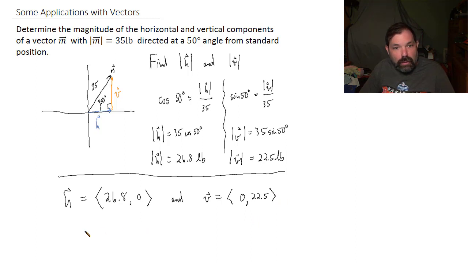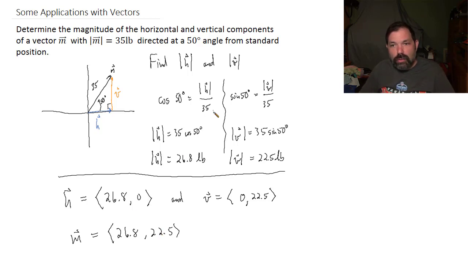So then the m vector, the vector with magnitude 35 pounds directed at a 50-degree angle, could be written as the standard vector ⟨26.8, 22.5⟩. Thinking of that as a sum of the vectors, adding up the components.